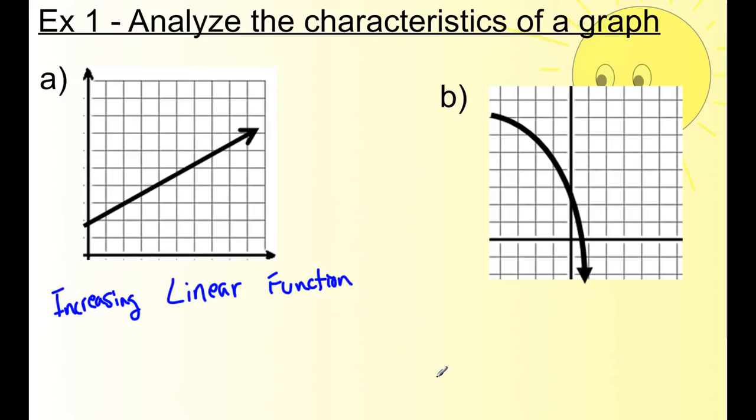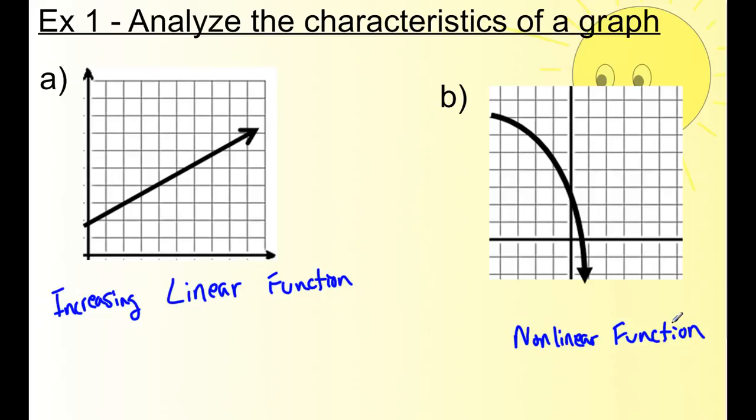There we go. Letter B. Now we have this shape. And let's see. Is it a linear function? No, this would be nonlinear. It's not a straight line. It's curved. So we call this a nonlinear function. And now that we know it's nonlinear, is it increasing?